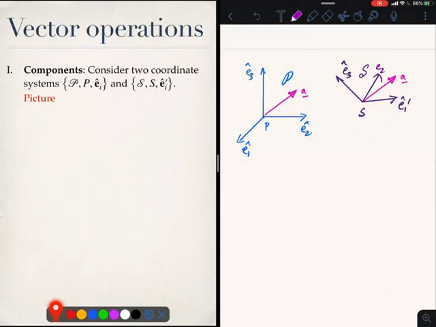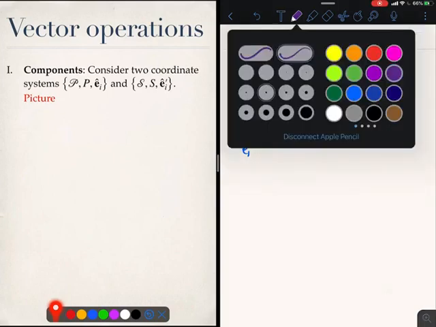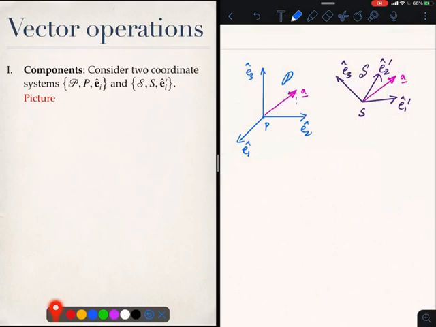This was E2, and over this one, E2. Okay, so here we have it. And how would we find the components of A? Well, I would drop this perpendicular, I would get this, I would get this, right? That's what I would do.